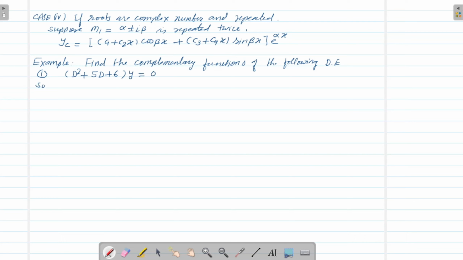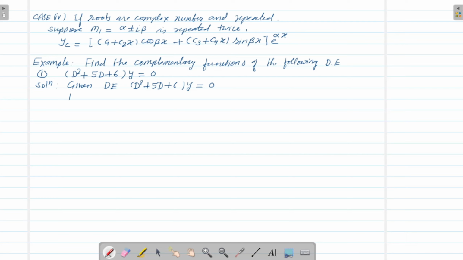Now the solution. Let us see how to find the complementary function. First of all, we write the given differential equation as it is: (D square plus 5D plus 6) y equal to 0.